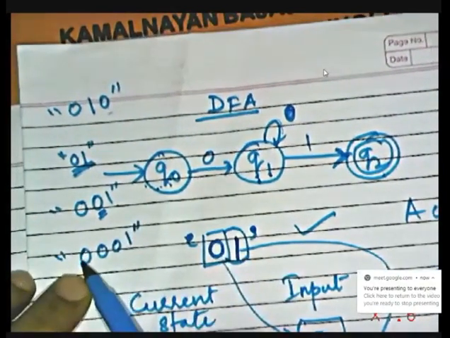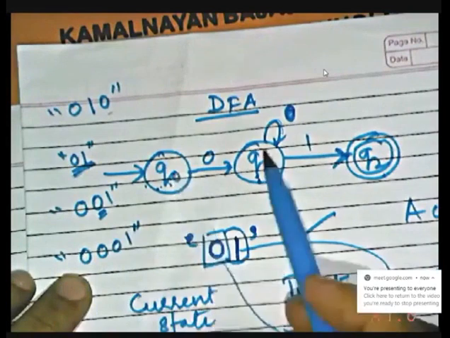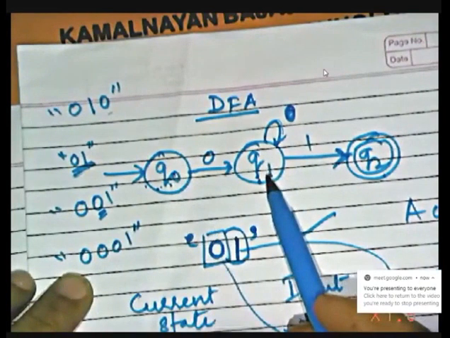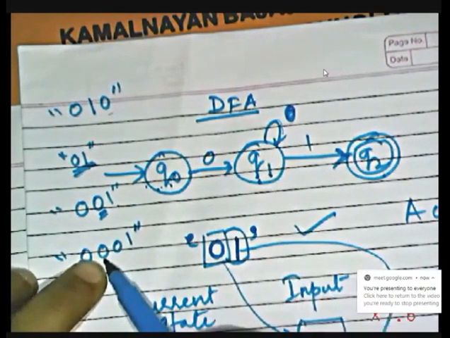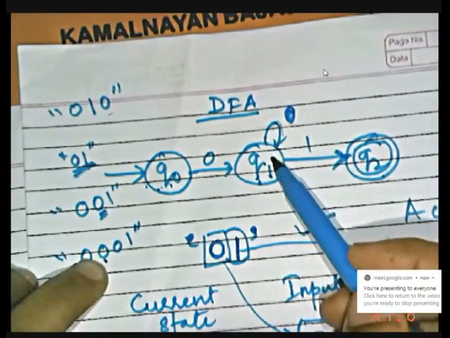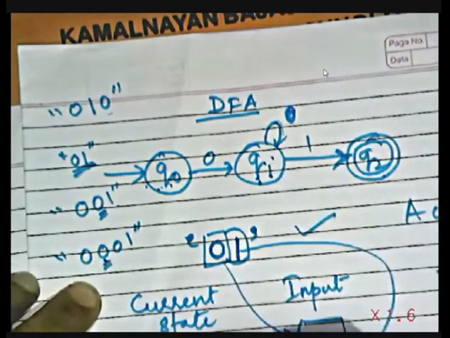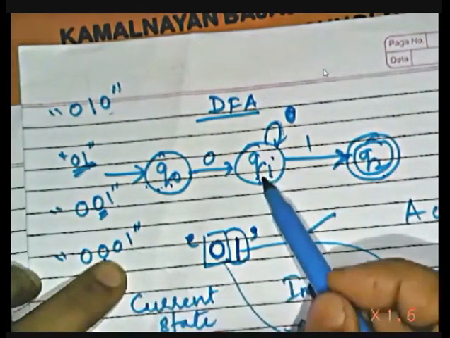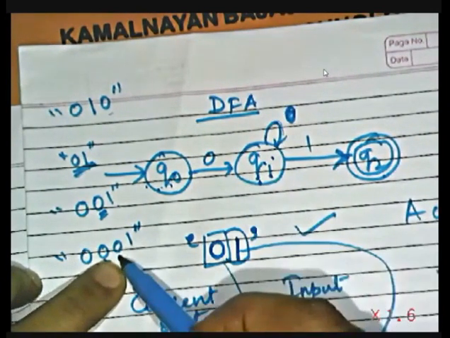So with this first 0 at Q0, it moves to Q1. Then by reading 0 at Q1, it remains in Q1. So the second 0 is also read. Now again it is in Q1 and it is reading 0, right?